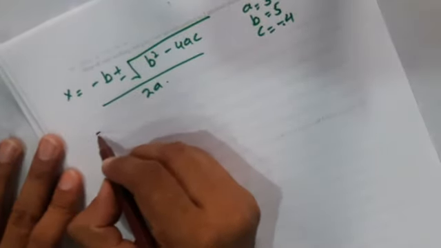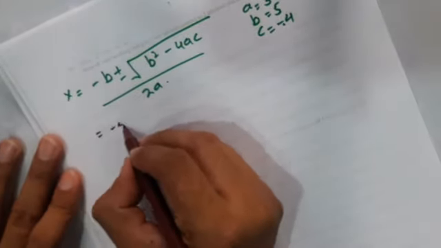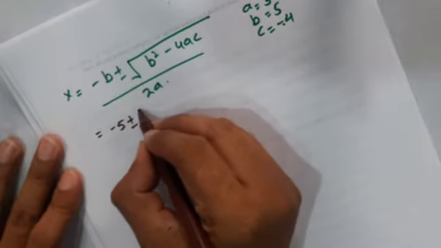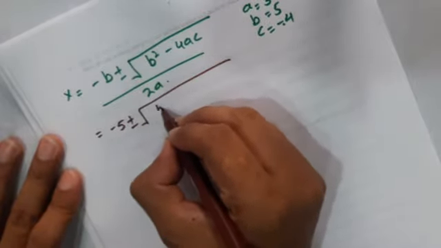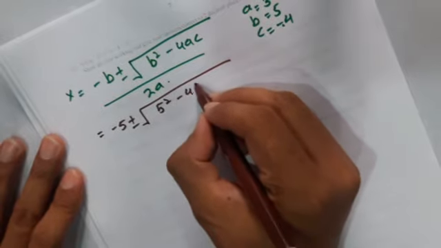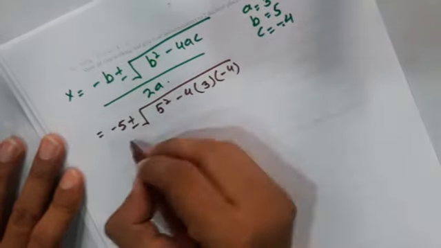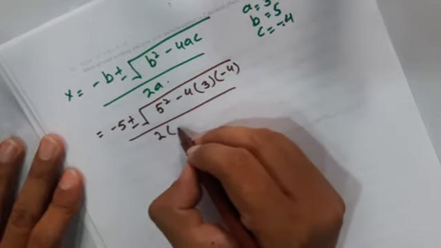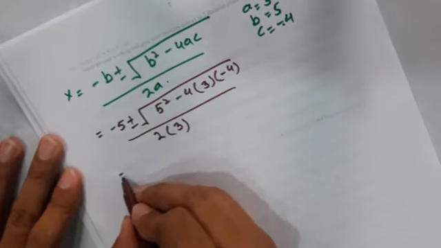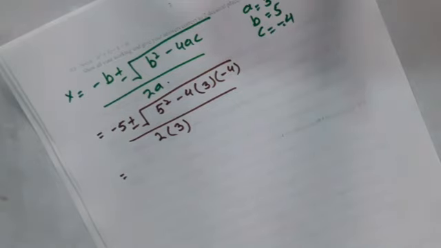Okay, place the values in the formula. So this will become negative 5 plus minus the square root of 5 square minus 4 into a, which is 3, and c is negative 4, whole over 2a, 2 into 3. Okay, now you can calculate the values by calculator.